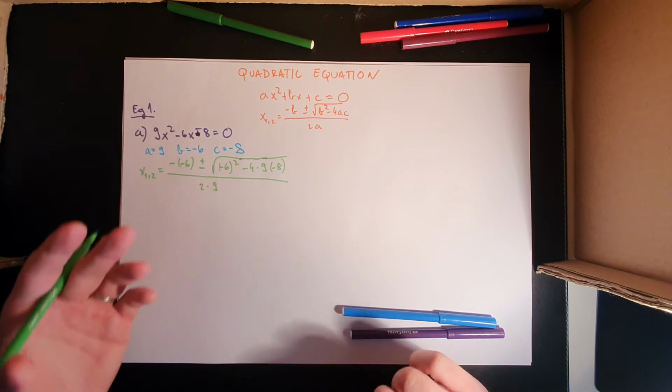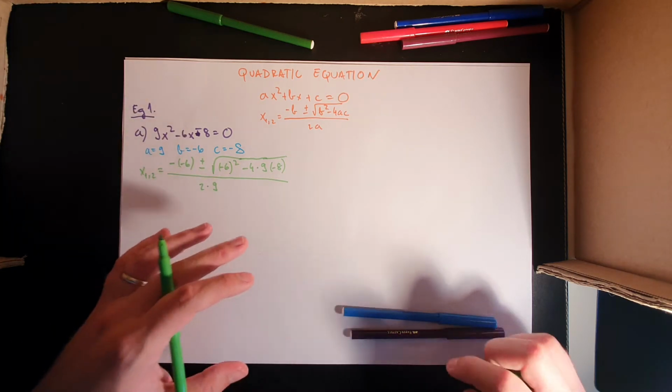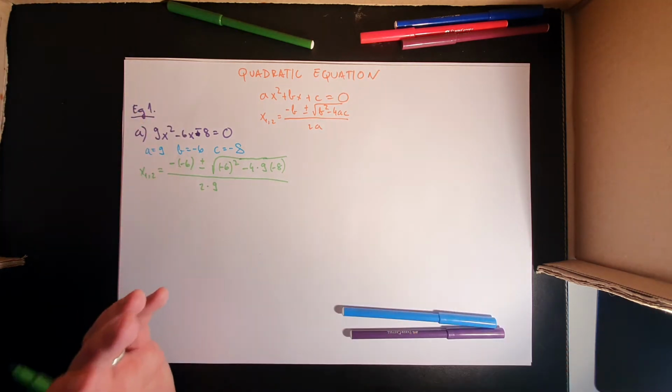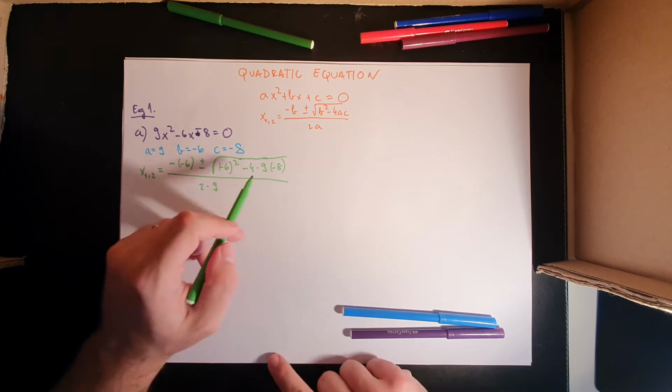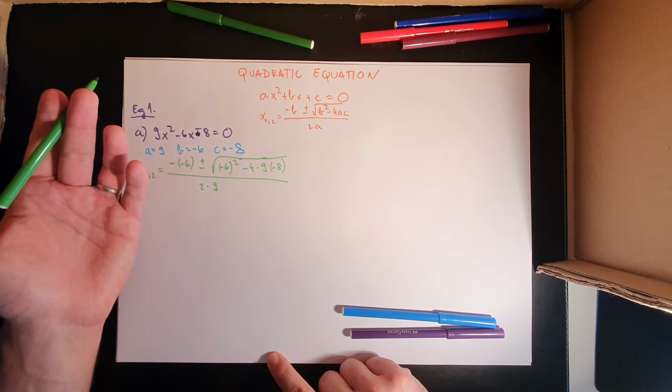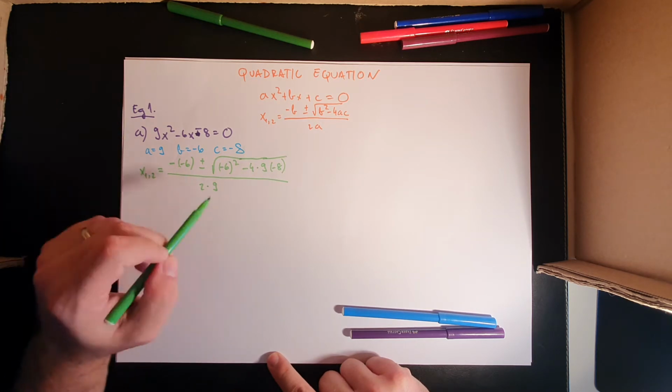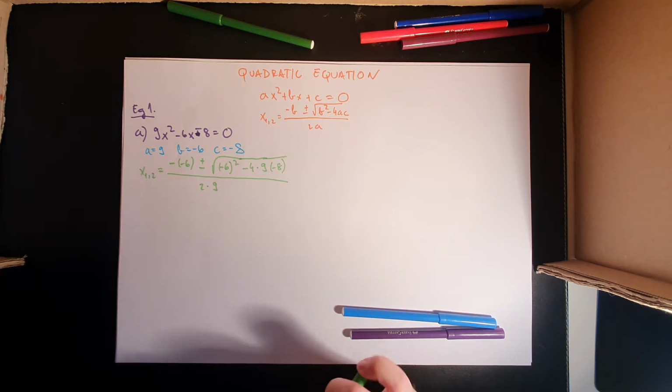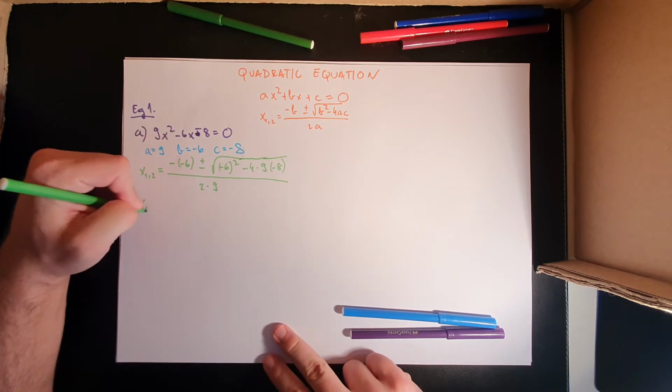Now, of course, you can use the calculator for everything from the start, but I would recommend using the calculator to determine things inside of the root, maybe finding the value of the root, and then continuing on step by step. So let's do it like this.